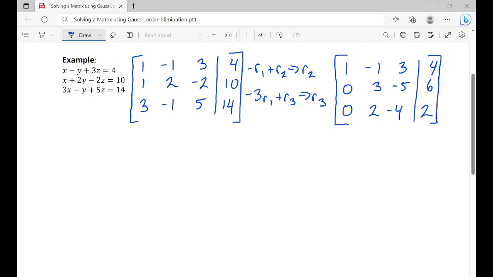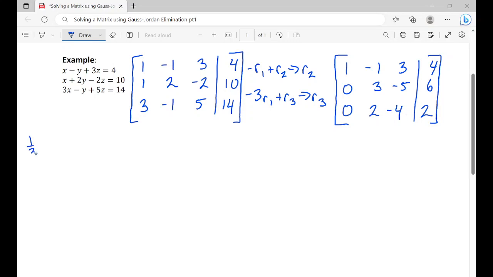Now I'm going to change these two numbers to 1s to make my life a little bit easier later on. So I'm going to multiply this by 1/3 and everything in the row as well, so that's going to be a new row 2, and then multiply this by 1/2 and everything else in this row as well to give me a new row 3.